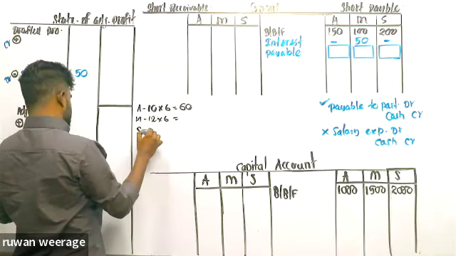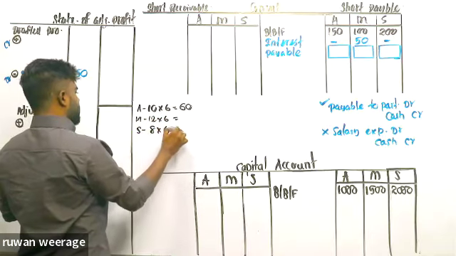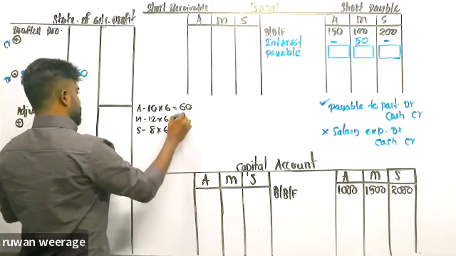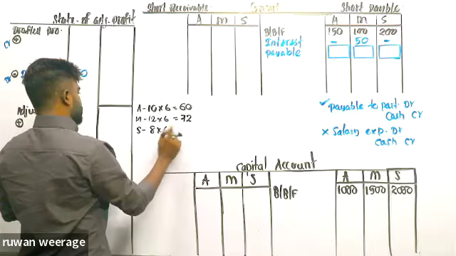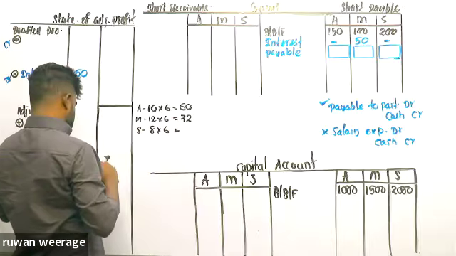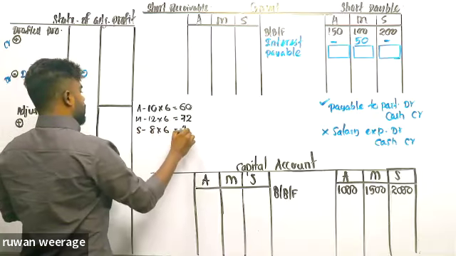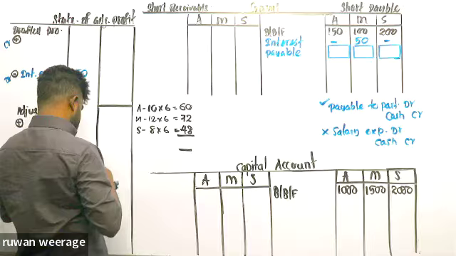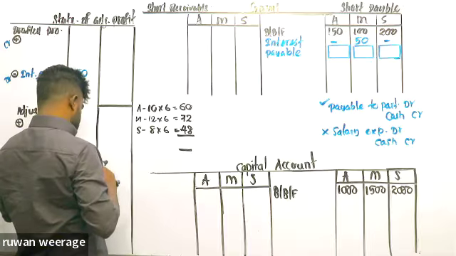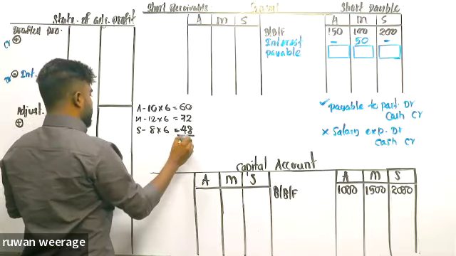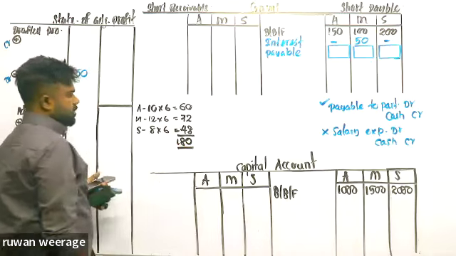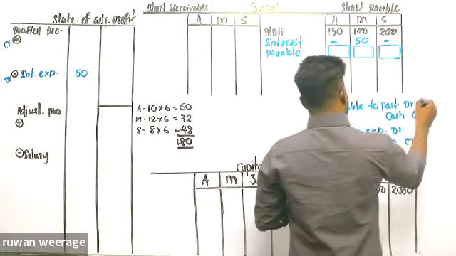Samit, look at the agreement, 8,000 into 6. 72. 48. What's the total? 180.